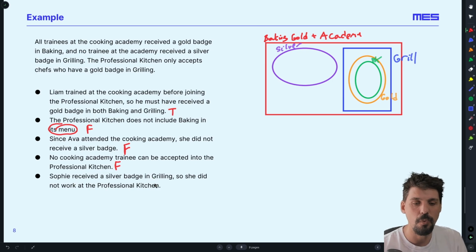Okay, so she did not work at the professional kitchen. Well, to work in the professional kitchen, you need a gold badge in grilling. If you received a silver badge in grilling, you cannot work at the kitchen. So this is true. Okay, we can see that. Now, more to the point, what we can also say is she did not go to the cooking academy, because it is impossible to get a silver in grilling at the academy. All right.